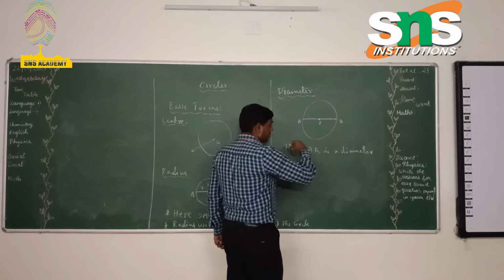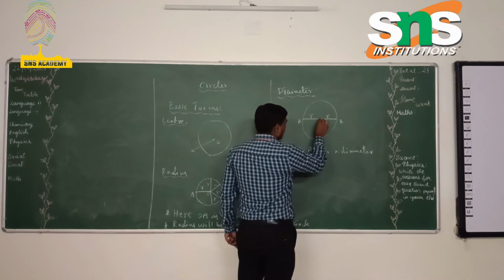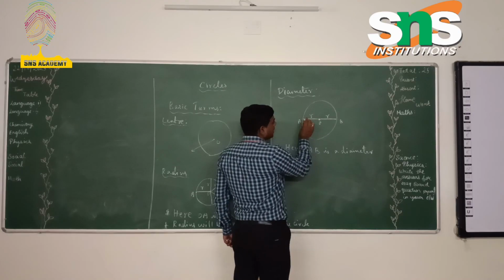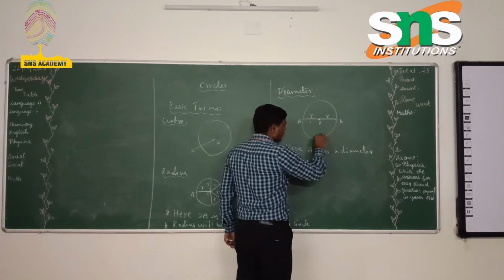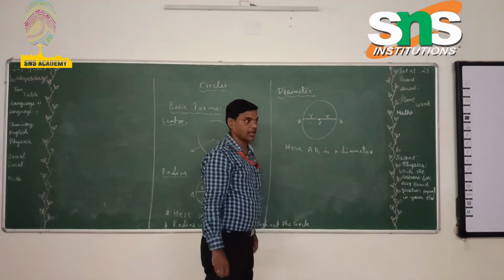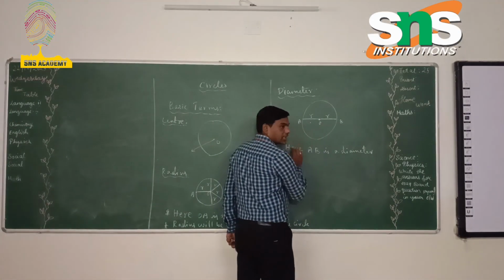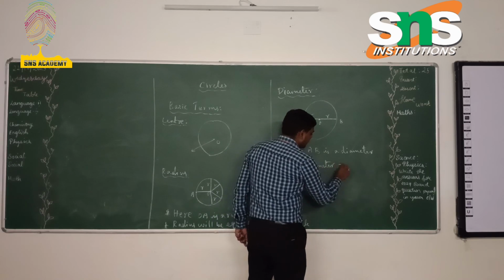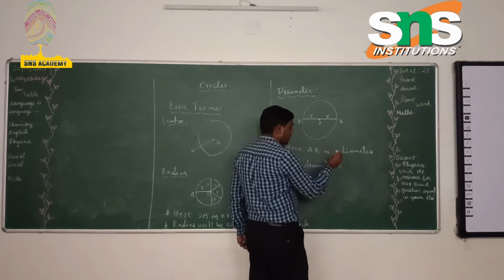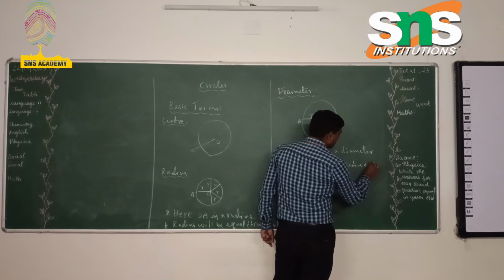Based on the diameter, how do we convert it into radius? Already we know that the line from the center towards the edge of the circle is called the radius, and we know the radius will be equal. In the diameter, how many radii are there? R plus R, radius plus radius.